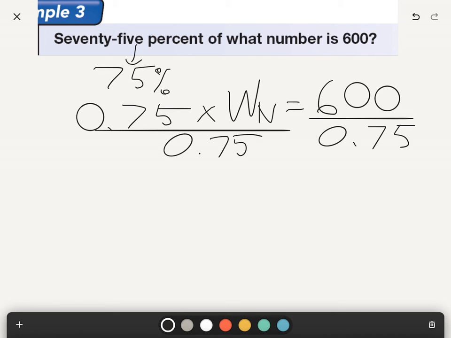Once again, I cannot have this decimal in my divisor, so I'm going to need to multiply each one by 100, getting us this crazy long number, 60,000. Basically we're asking how many 75s are in that.